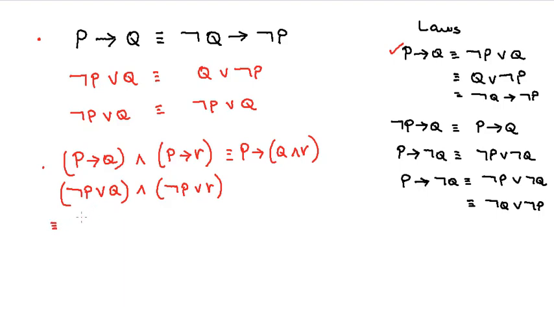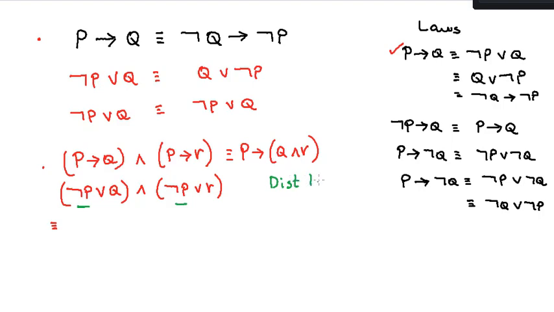And what we will do now is use the distributive law. If you see, there is a common proposition here, and we have the or on either side of the and operator. So this one is the distributive law.